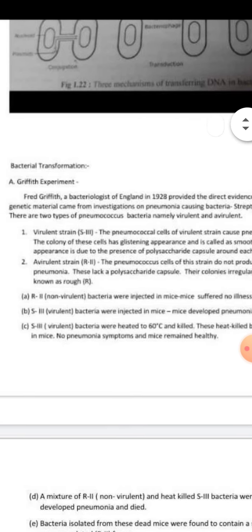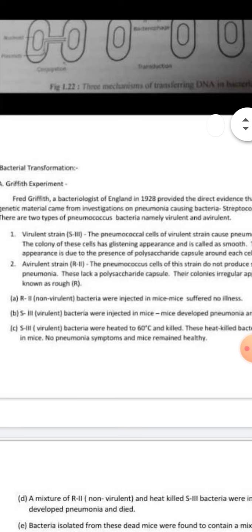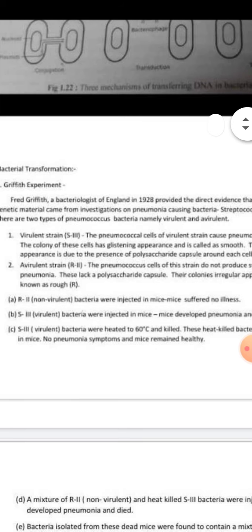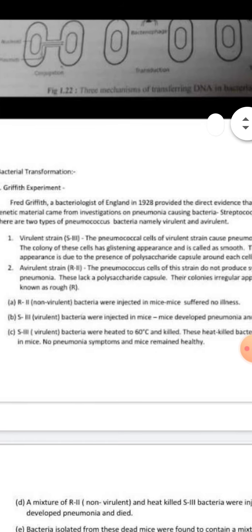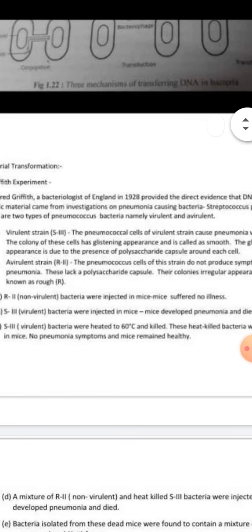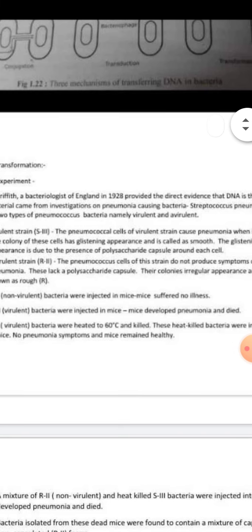So the first strain is R Roman 2. It is the non-virulent or avirulent strain of bacteria, which when injected into mice, the mice suffered no illness. Whereas the virulent bacteria S Roman 3, when injected into mice, the mice developed pneumonia and died.